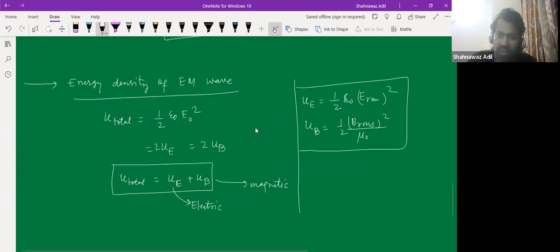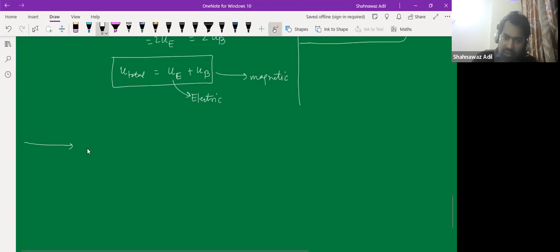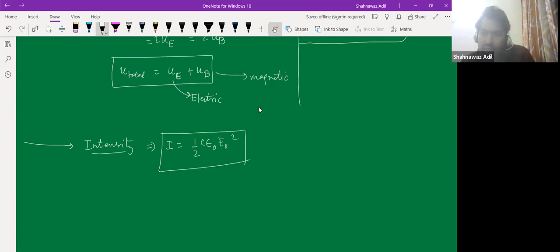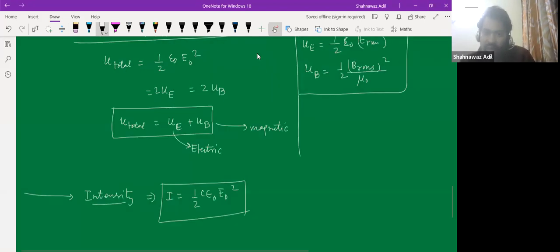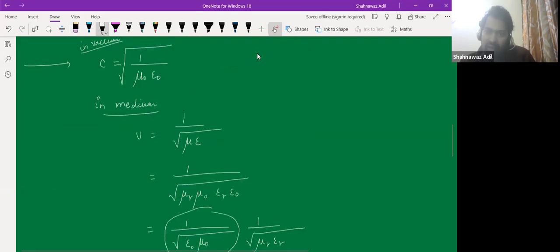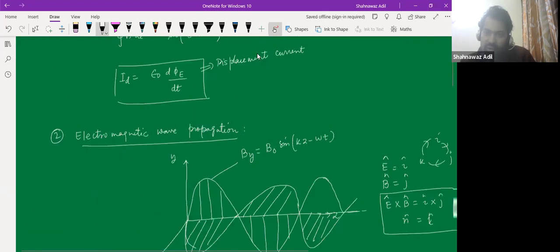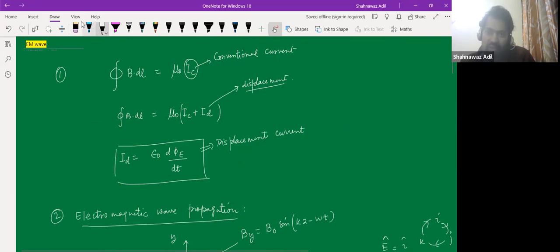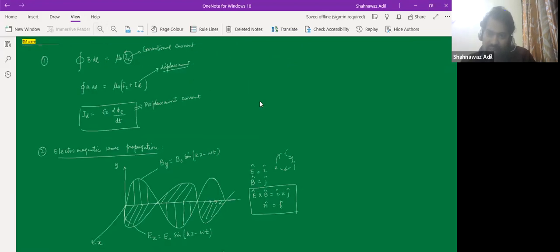These are the things, and the last thing is intensity. Intensity is half c epsilon naught E naught squared. These are the things that we have to remember for EM waves, and then we can do all the other questions, right? Please note down these parts, and then we will do some questions.